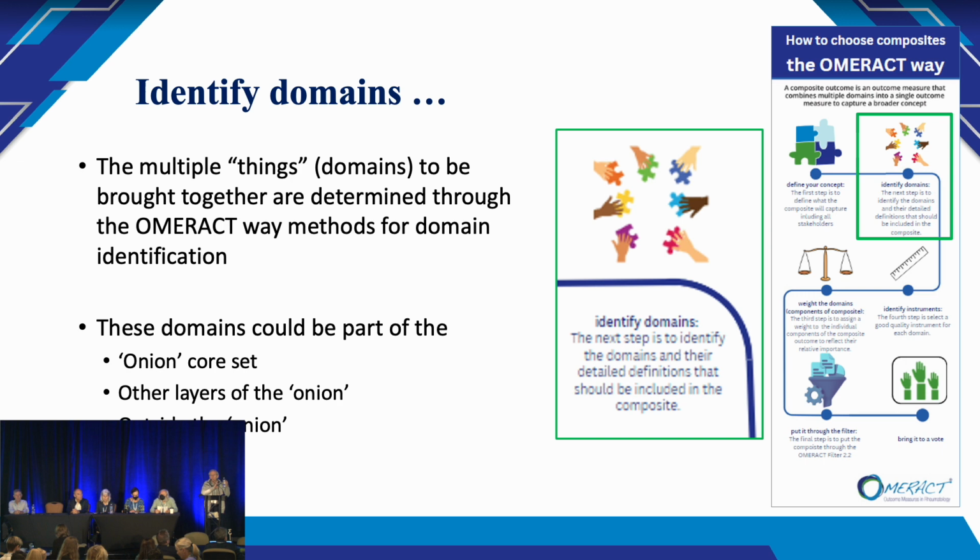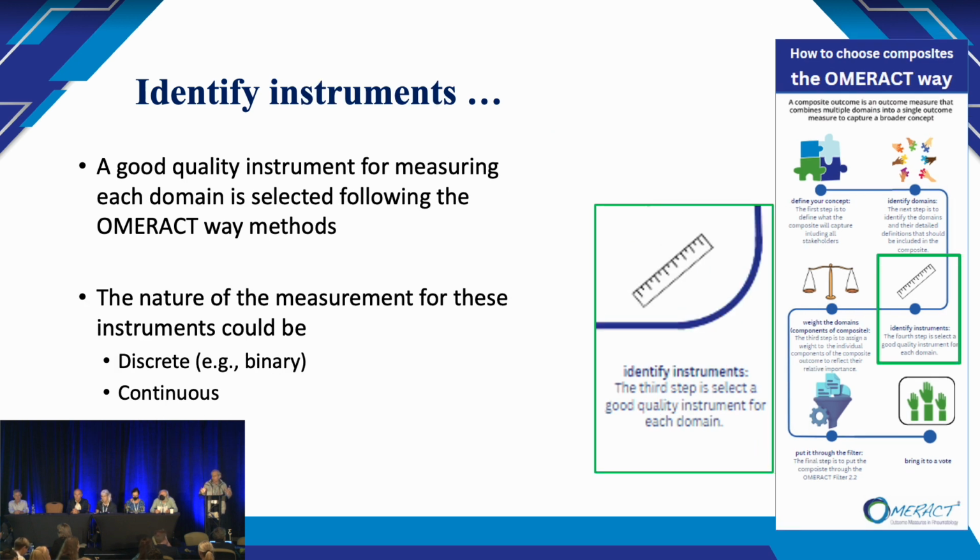So the first thing we have to do is define the concept. The second thing is to bring together the things that are going to define it, and these are the domains. So we have to derive our set of domains, and you can follow the OMERACT way of deriving those domains. Those domains could be part of the inner onion, or in the outer parts of the onion, or even outside the onion.